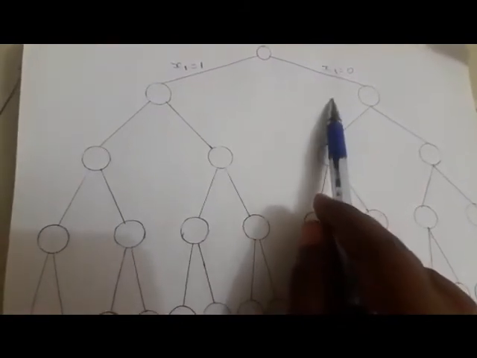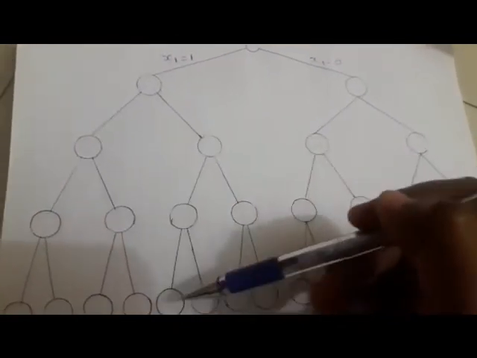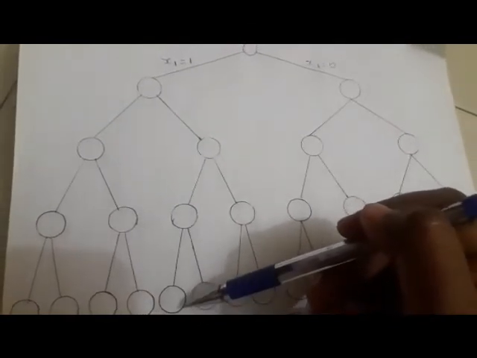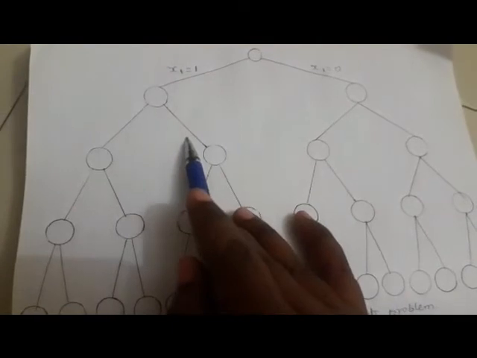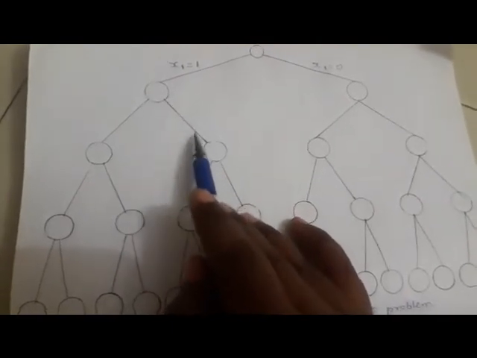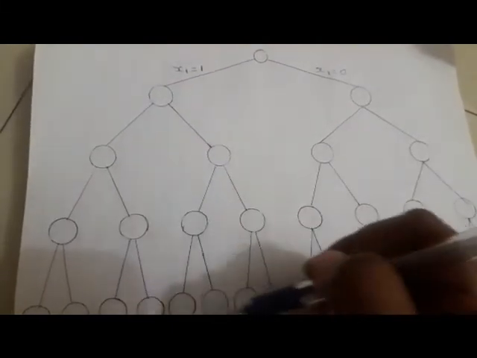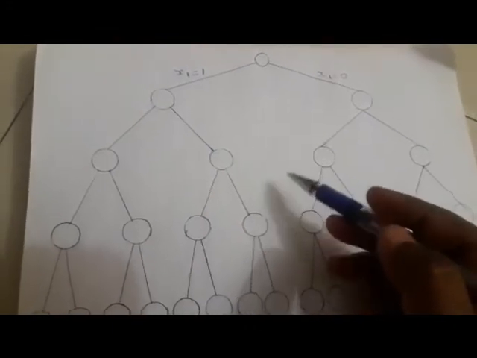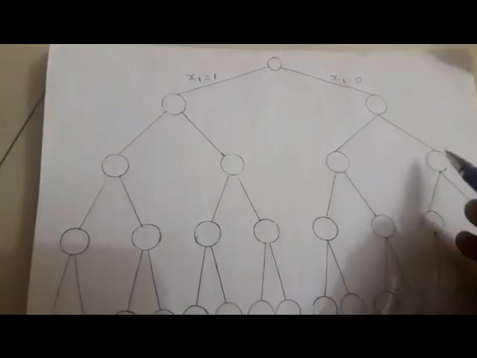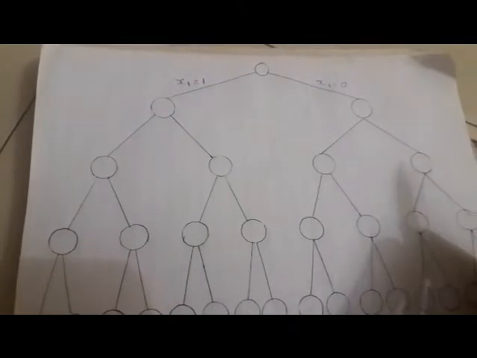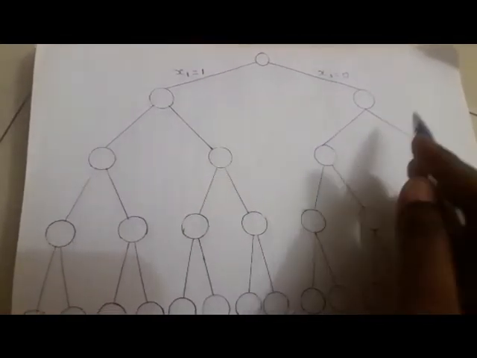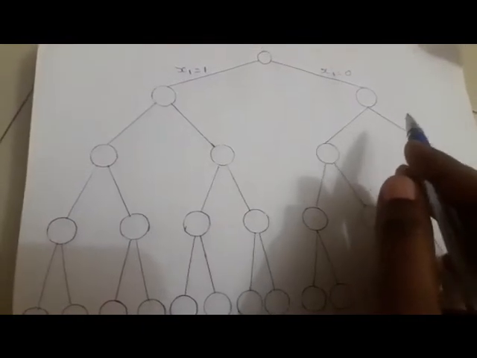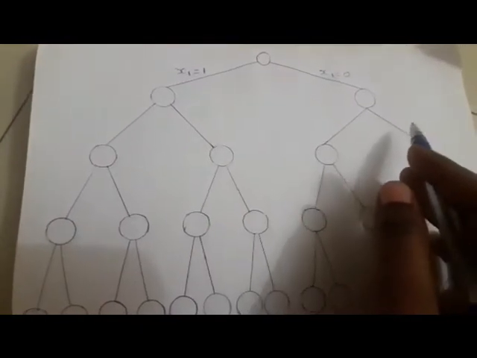All the paths from the root to a leaf node define the solution space. So the left subtree of the root defines all the subsets containing the weight 1, and the right subtree defines all the subsets not containing the first weight, that is W1, and so on.